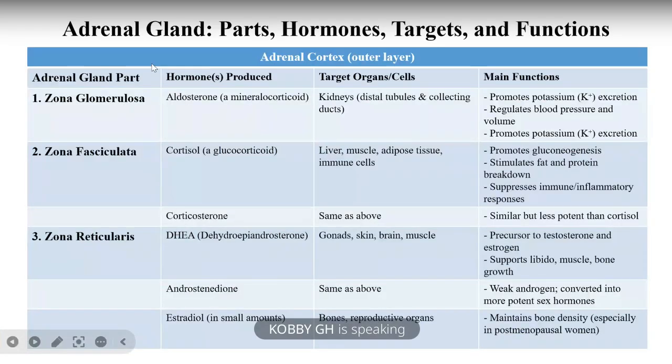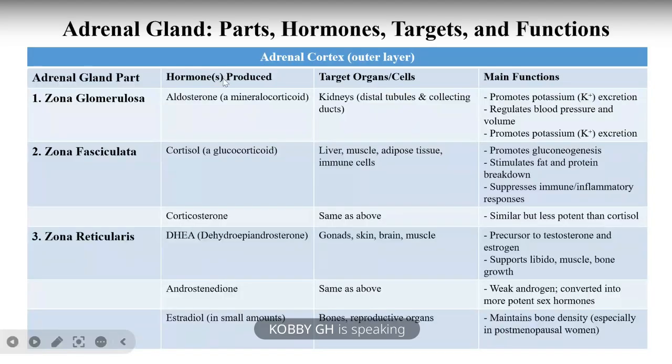This is the adrenal cortex, the outer layer. The zona glomerulosa is the outermost, the zona fasciculata the middle layer, the zona reticularis the innermost layer. And the zona glomerulosa is what produces the aldosterone.